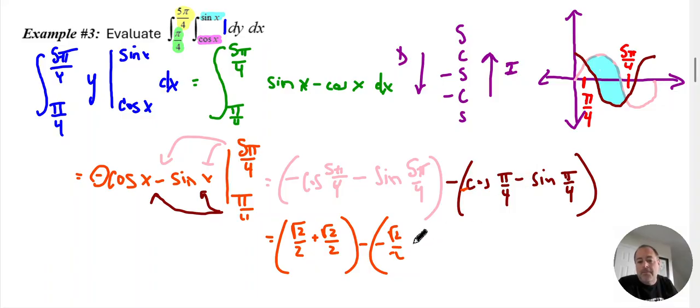And then we're going to do minus again. Sine of pi over 4 is the square root of 2 over 2. So we have square root of 2 over 2 plus square root of 2 over 2, which is the square root of 2. Minus, this is a negative square root of 2, so it's going to become plus a positive square root of 2. And we get 2 square root of 2 as our final answer for this problem.